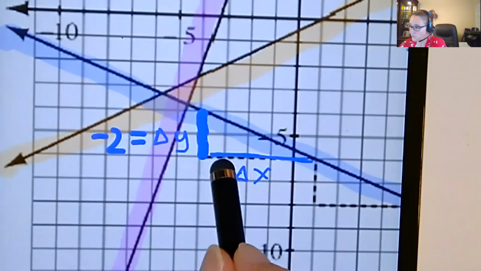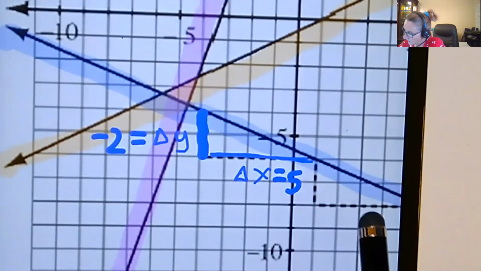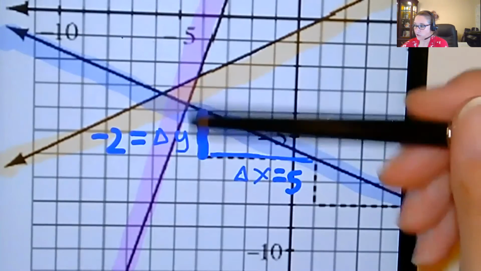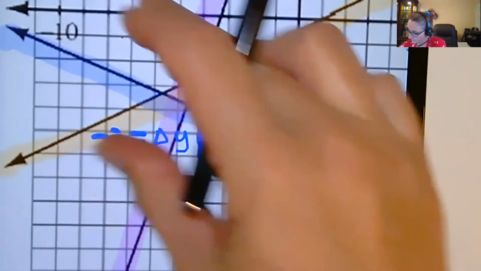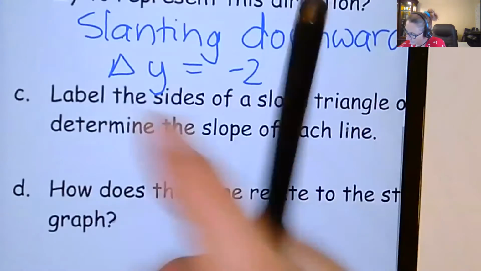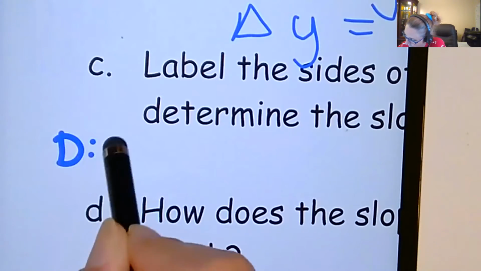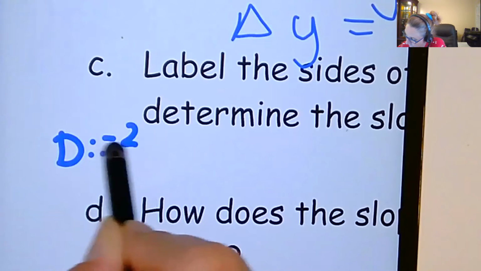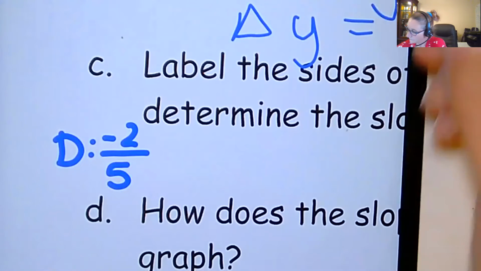This change of x is 1, 2, 3, 4, 5, so that is equal to 5. So for line D, my slope is going to be change of y, -2, over change of x, 5. So D, the slope is going to be change of y, -2, change of x, 5.